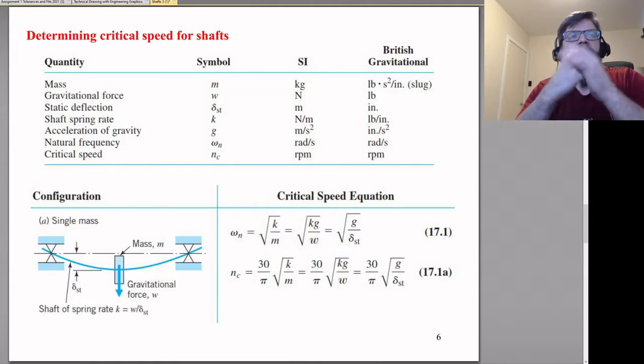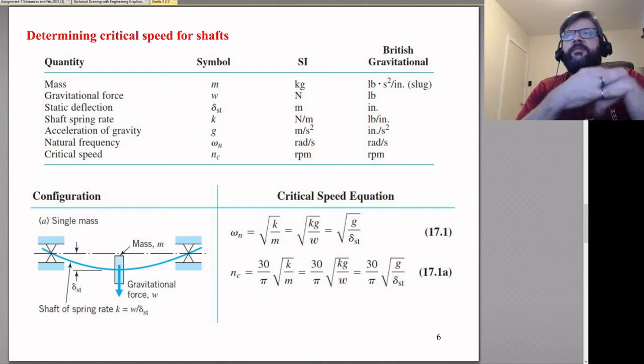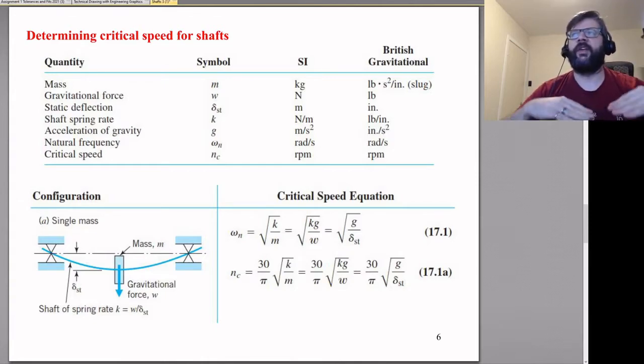We can determine the critical speed based upon what force it takes to deflect a beam a certain amount.